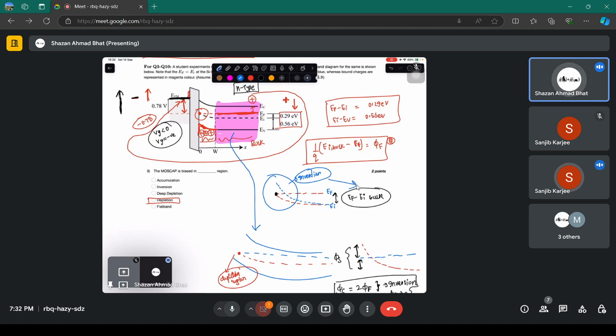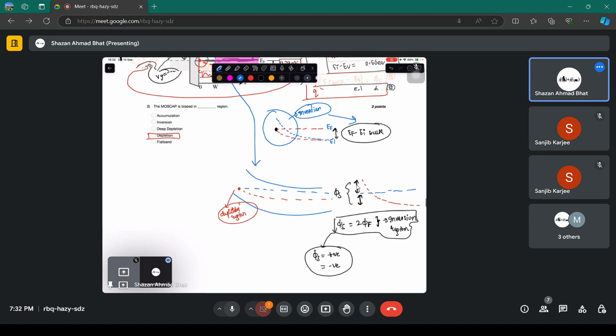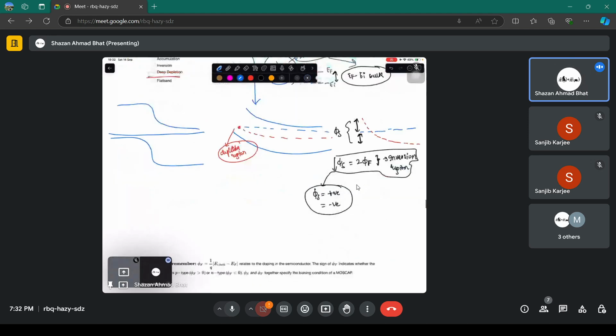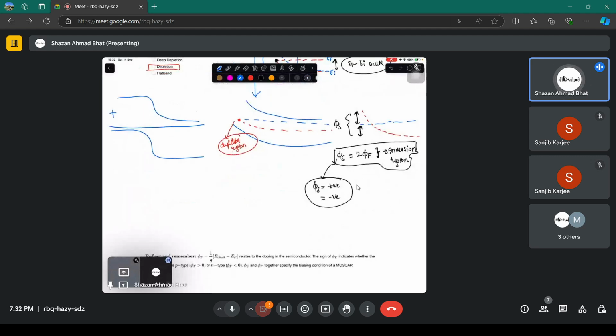If this Fermi level would have been below that of the Fermi level of the semiconductor, then Vg would have been positive. How much positive is a different story, but we're just talking about the sign. Because here the Fermi level is much above that of the semiconductor, just like in a diode in equilibrium, where it is flat. If you apply the positive here and the negative there, that means you forward bias it.